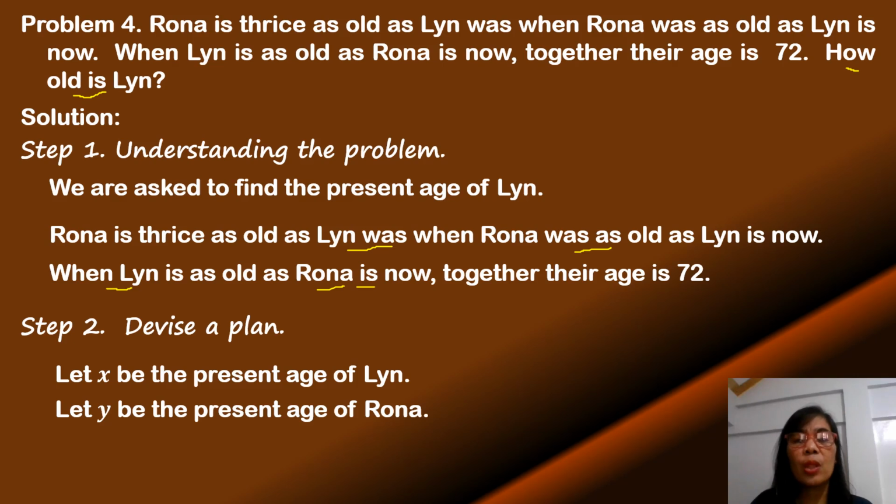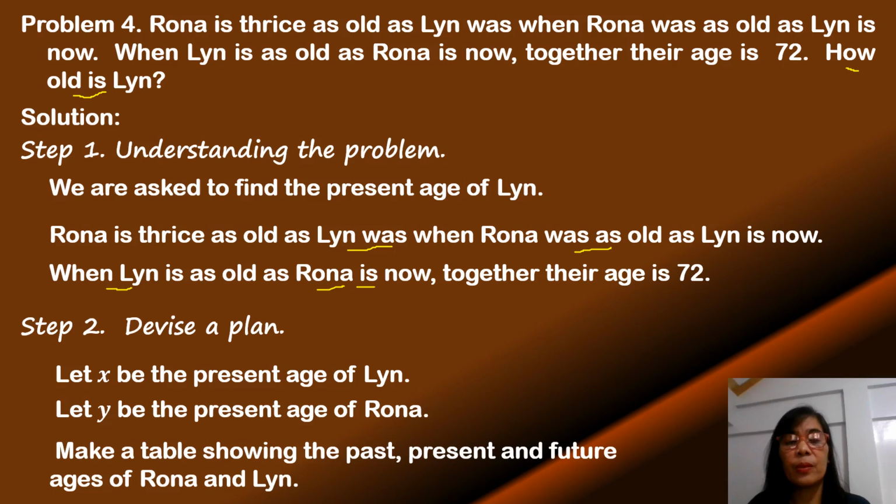So there is a mention of the past, present, and future ages, though the number of years is not explicitly given in the problem. So construct a table of the ages showing the past, present, and future ages of Rona and Lynn.